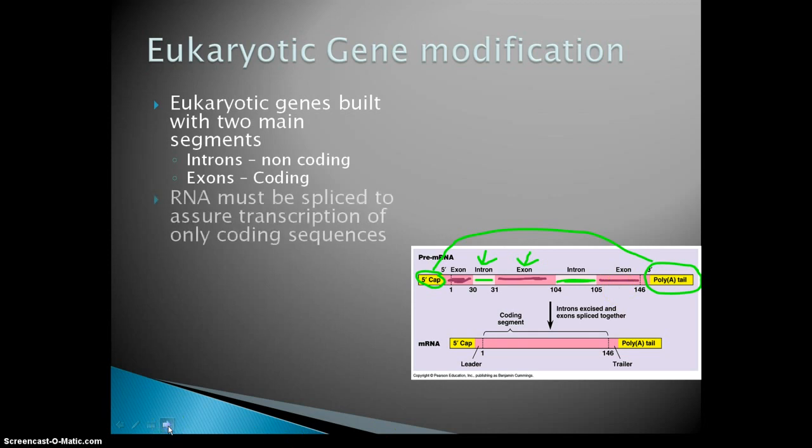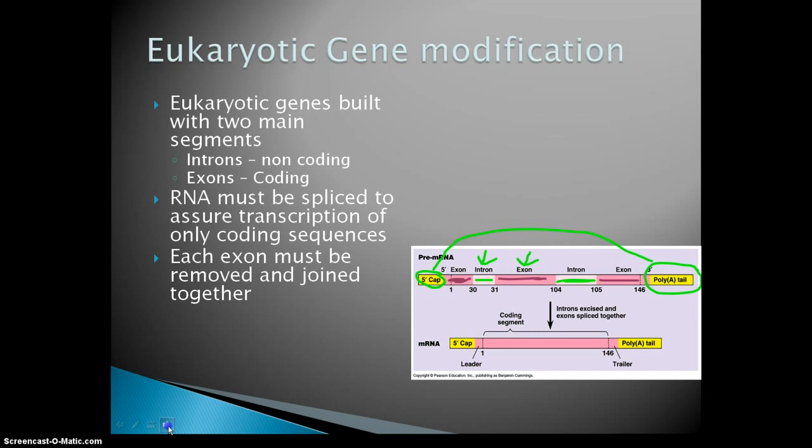So what happens is this pre-mRNA has to be spliced. It has to have the introns removed and the exons combined so that they create one unified string. So each exon has to be excised out and recombined and then the introns are removed because they're non-coding.